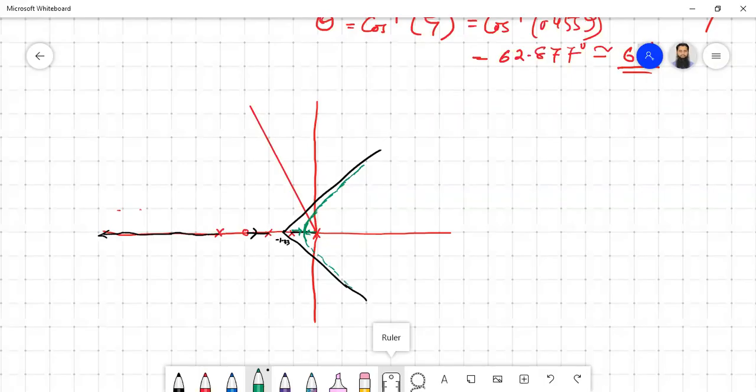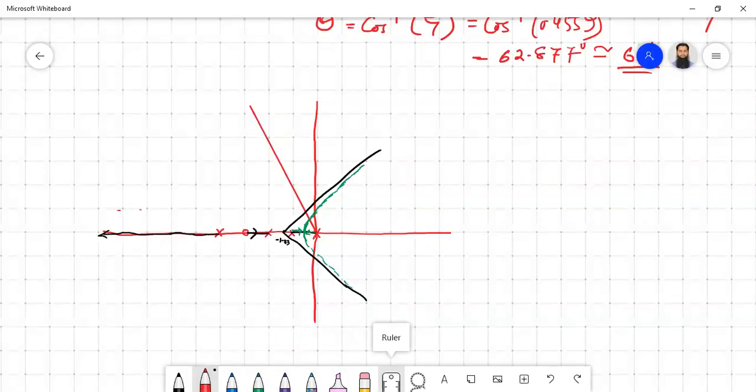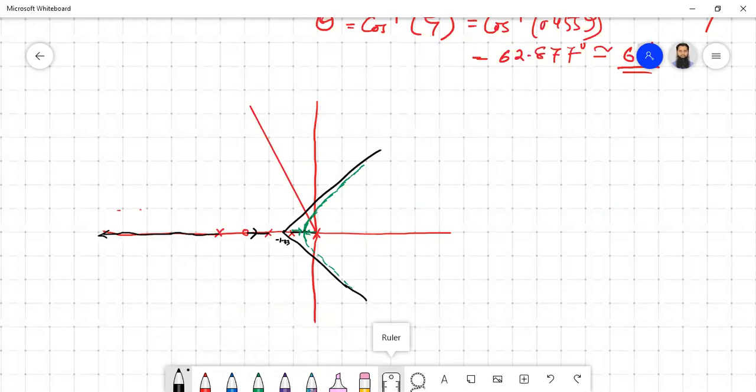Now they are asking you to figure out this particular point here. So what point corresponds to 20% overshoot?